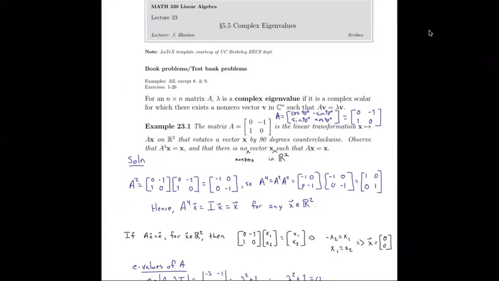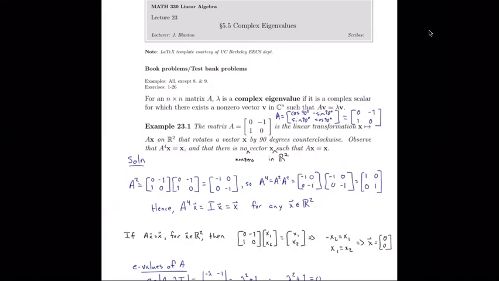Some interesting facts about this matrix: if we rotate a vector by 90 degrees 4 times, we'll have rotated 360 degrees. So the vector that we end up with is the same as the one we started with.